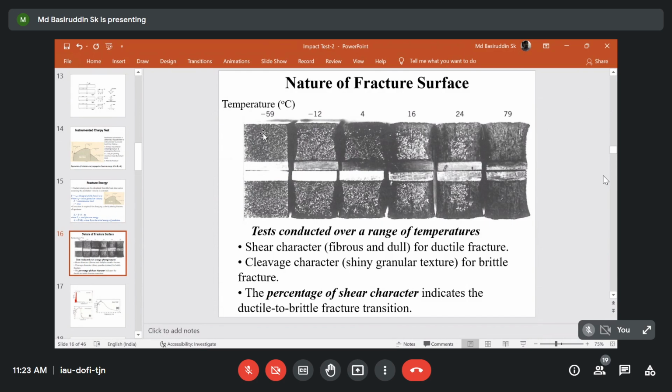Whatever cross-sectional area was there before the test will be the same after the test. But if the material experiences plastic deformation, then localized deformation and necking will happen, and that will reduce the cross-sectional area of the gauge portion. Similar things also happen here.